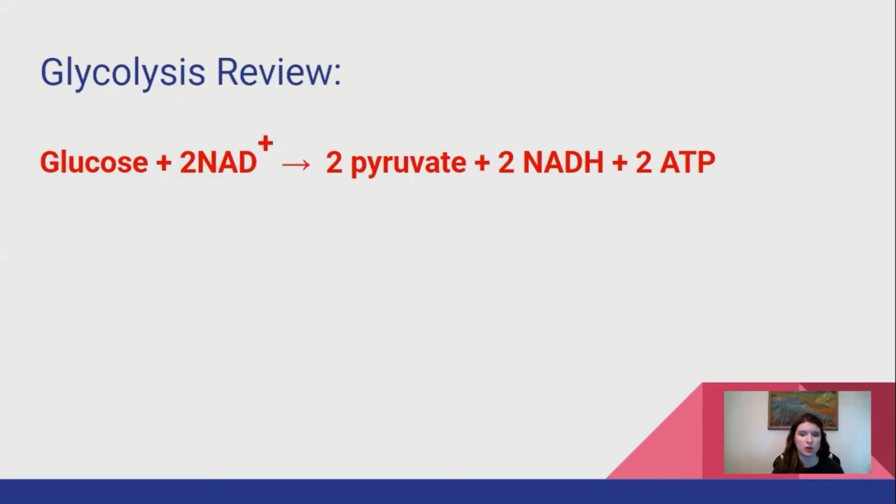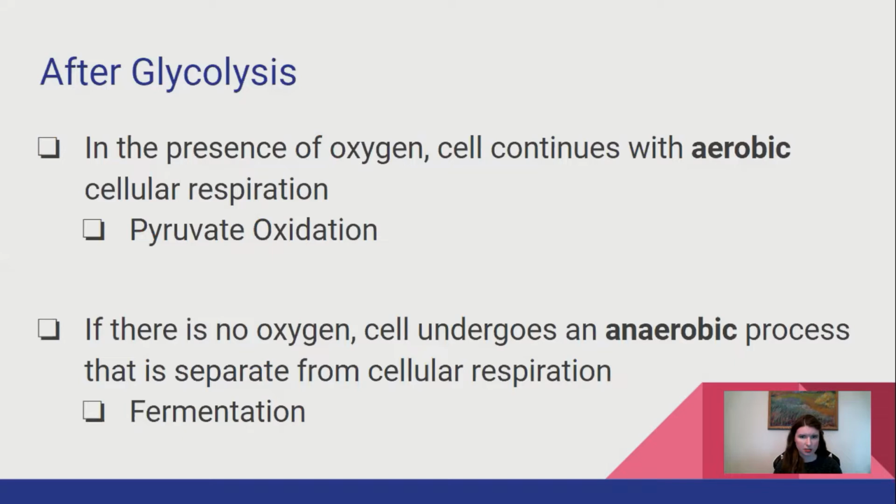Okay. So an important component of this equation is that we have to put in NAD+. And this is fundamental to why and how fermentation happens. So before we get into exactly what fermentation is, and for that matter, what pyruvate oxidation or pyruvate breakdown is, we need to think about what's happening.